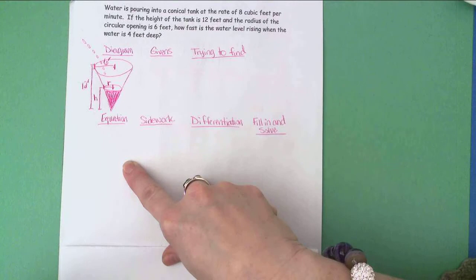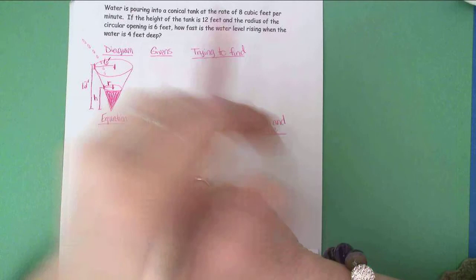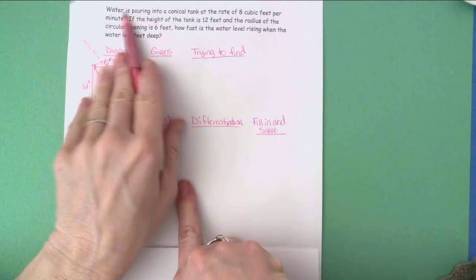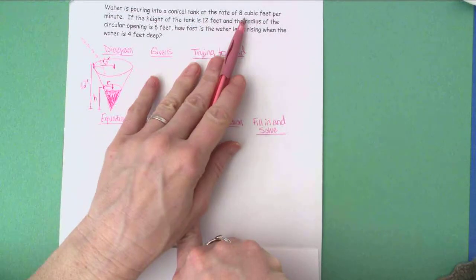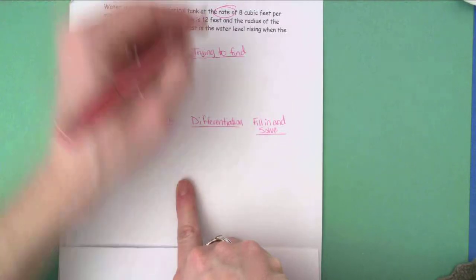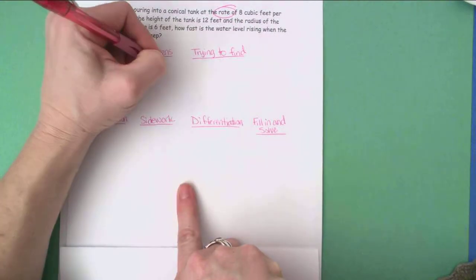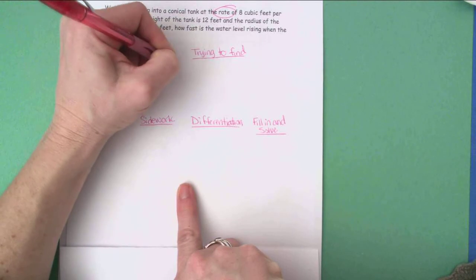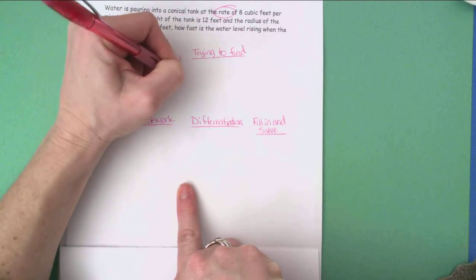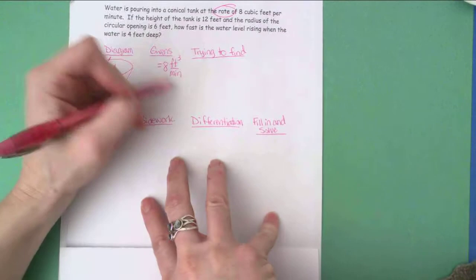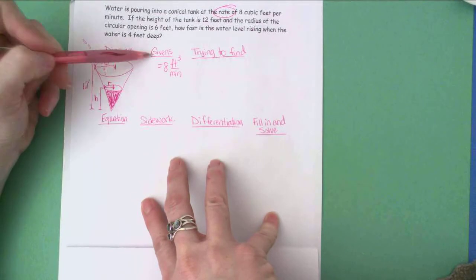Okay, let's start talking about our givens. The first sentence has a given. This water is going into the tank at a rate. The minute I see that word rate, I know it's a given: 8 cubic feet per minute. So something equals 8 cubic feet per minute. And I love the units because it helps me to give it a label.